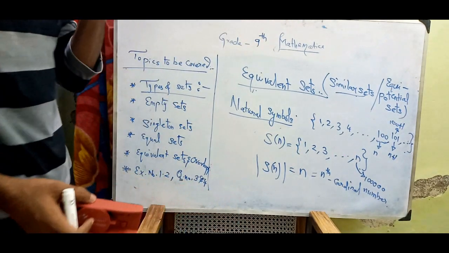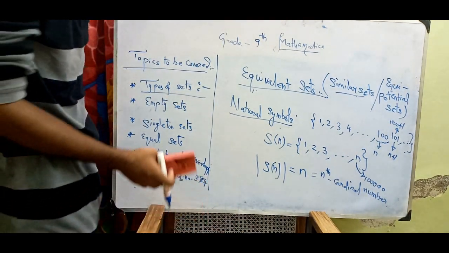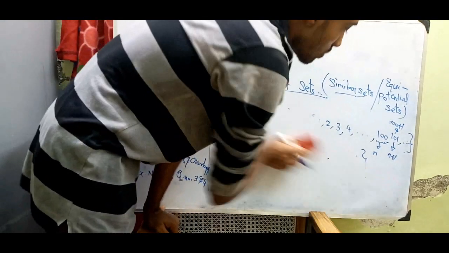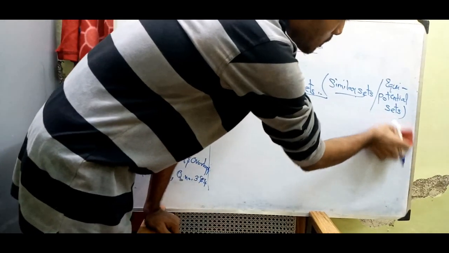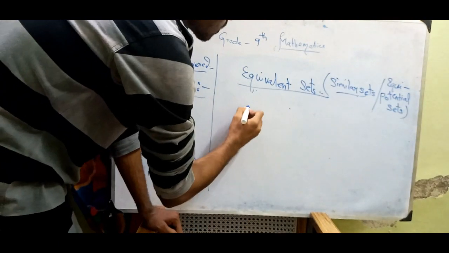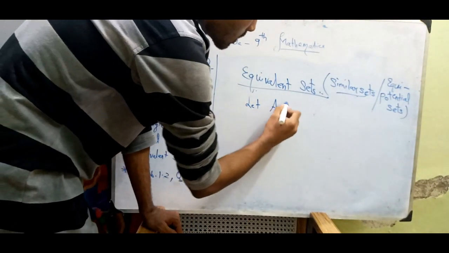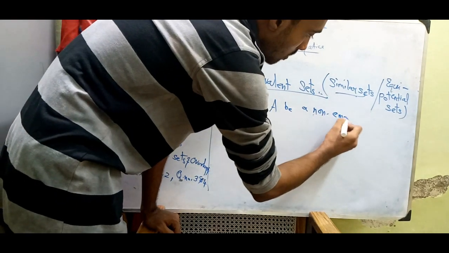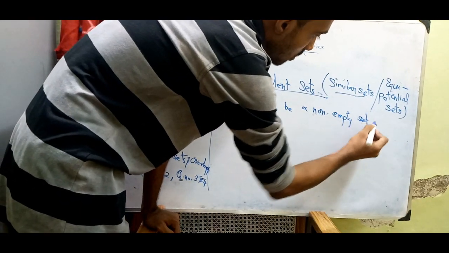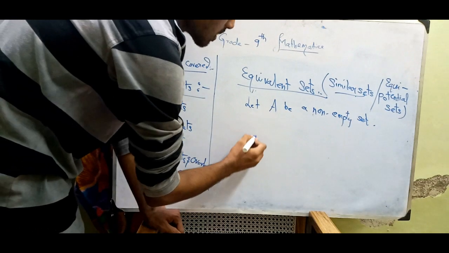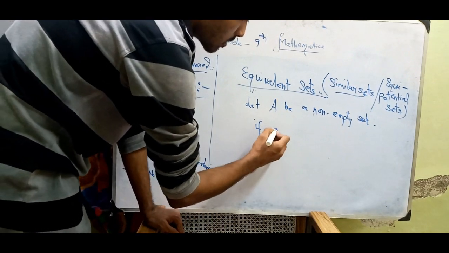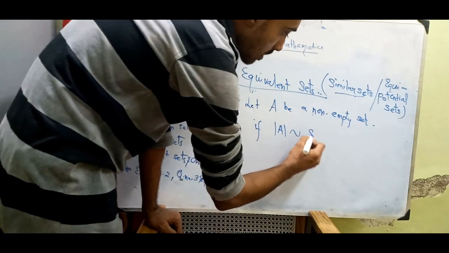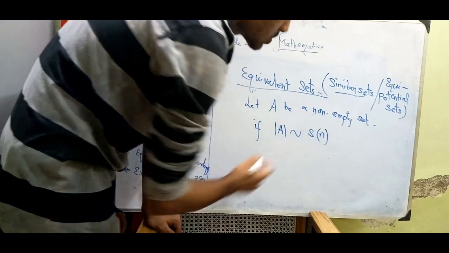Okay, let us move to the overlapping and the next set. I didn't say about the equivalent set here. Equivalent set is, let A be a non-empty set, if cardinality of A is similar to natural symbol.